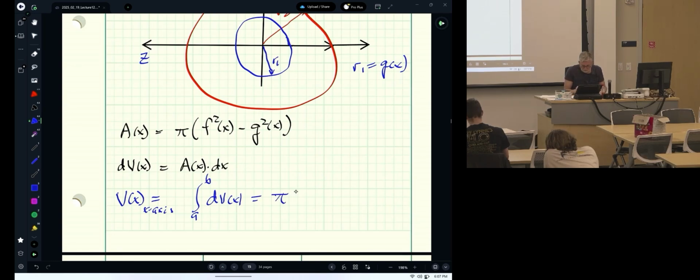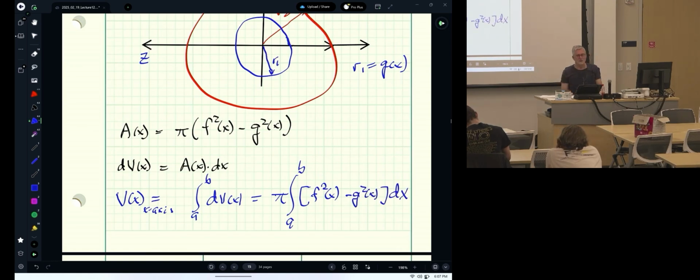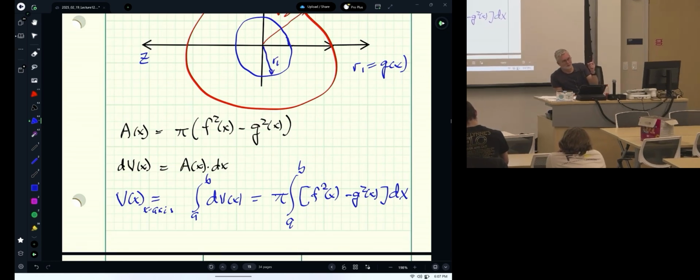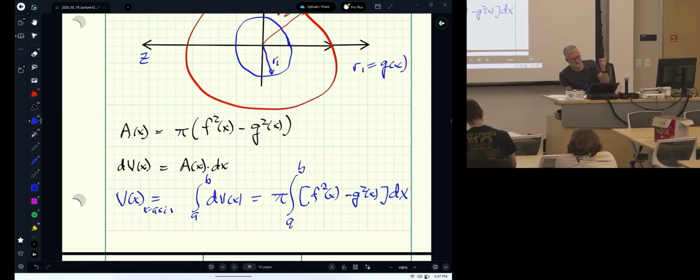And that's pi times the integral from a to b. You see, we've tricked a single variable integral into computing a volume for us.